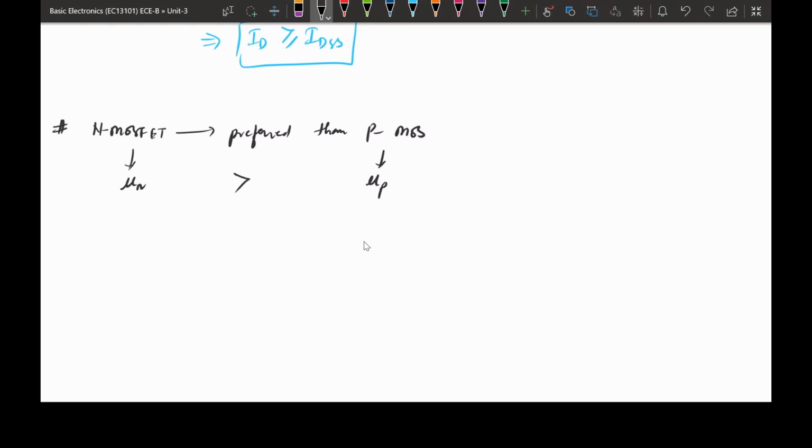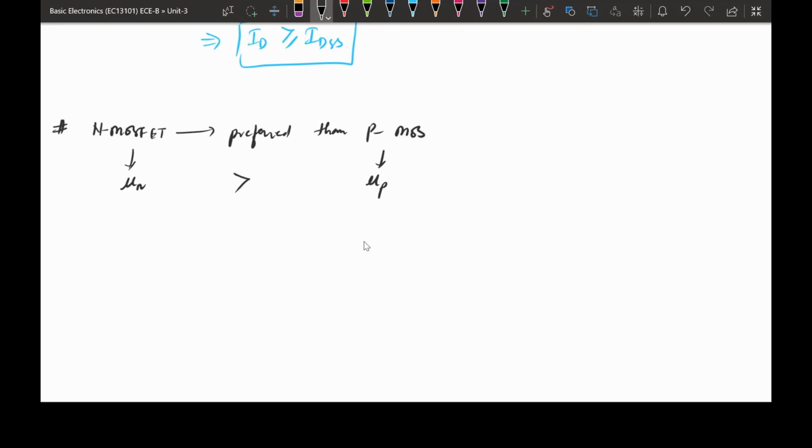That means in terms of speed or performance, the NMOSFET provides better performance than the PMOSFET, if both have the same size. That's why NMOSFET is preferred, because the mobility of electrons is greater compared to the mobility of holes.